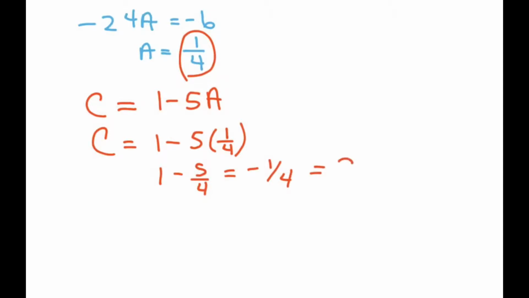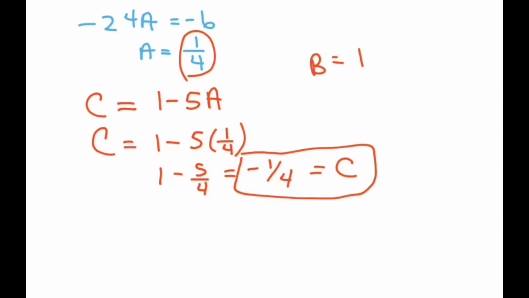And that equals your C. Now I can plug in my A, B, and C. Again, my B was 1, and my D was -1. So we have all 4 coefficients there.